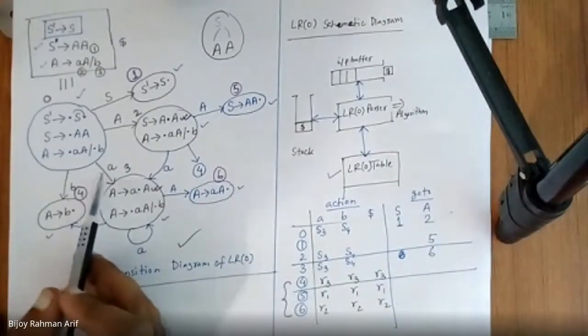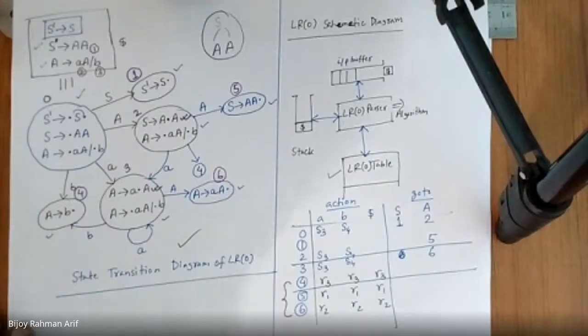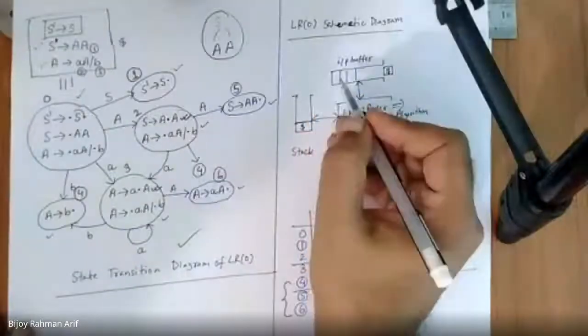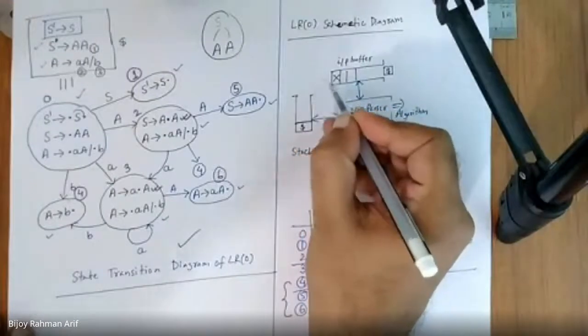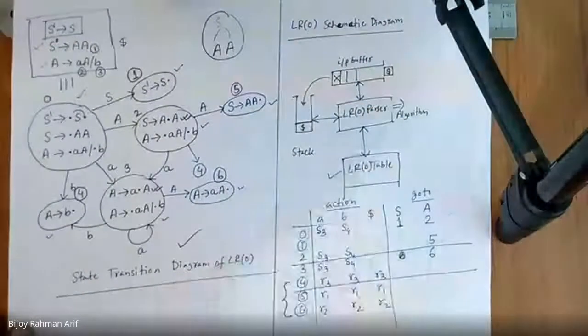Now, in case of terminals, there are some actions. And what are the actions? Shift actions. We are taking something out of the buffer and putting it inside the stack. It is a kind of action. Am I right? Is it clear to you? Yes, sir. That's why it is called action.